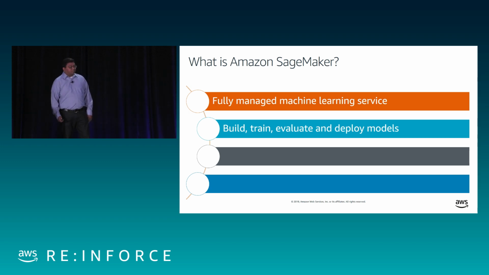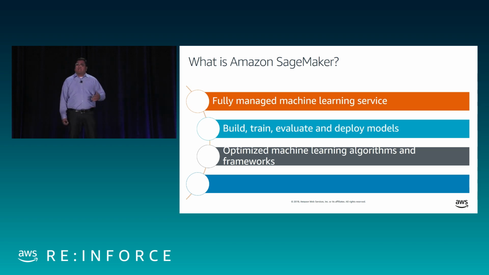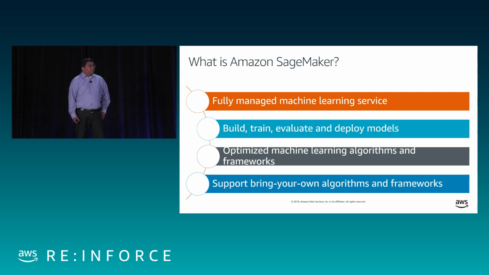It also comes with optimized frameworks and algorithms that run on AWS infrastructure efficiently. And last but not least, you can bring your own machine learning models and algorithms if the optimized ones don't work for your use case.